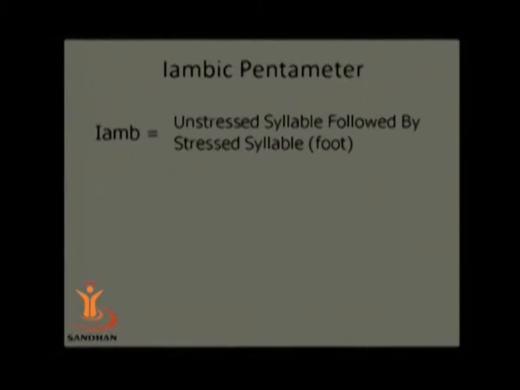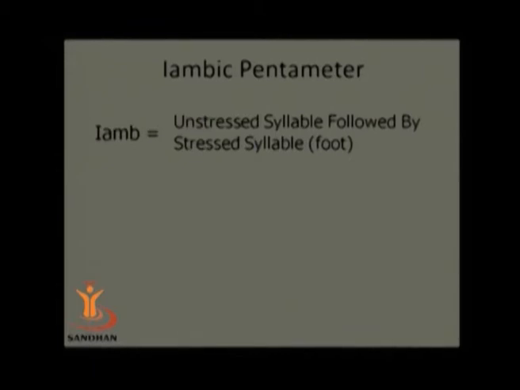That is, when we use words in English, words can be divided into syllables. A syllable in a word can be known by the vowel sound that occurs in a word.